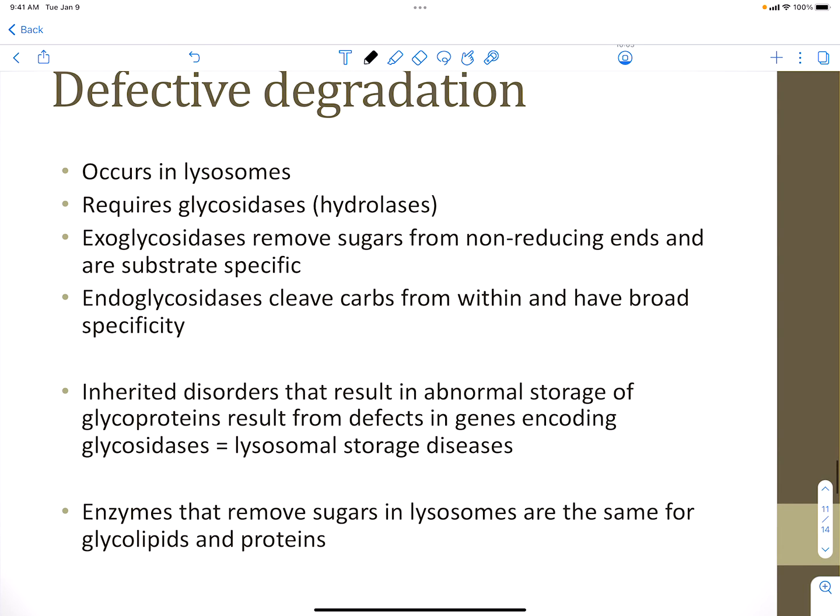There are inherited lysosomal storage diseases, where you have a defect in the enzymes that remove the sugars.